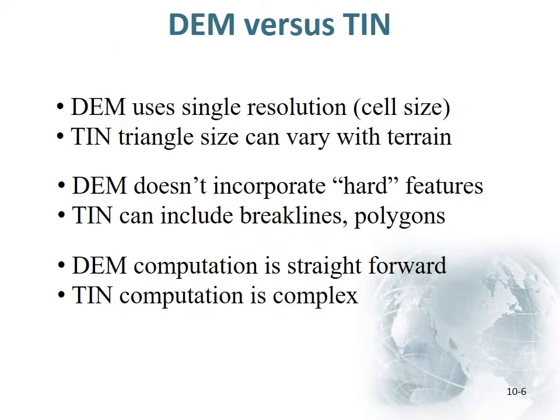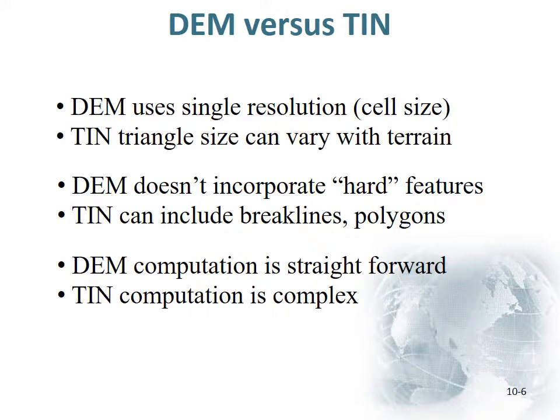So to compare these two things a little bit, DEMs and tins, DEMs are using a single resolution, the cell size itself, which doesn't vary across the landscape. It's a regular grid of the same size cell everywhere. Tins are composed of triangles that can vary quite a bit in size as those triangles are generated to try to model the shifting values of elevation, slope, and aspect.